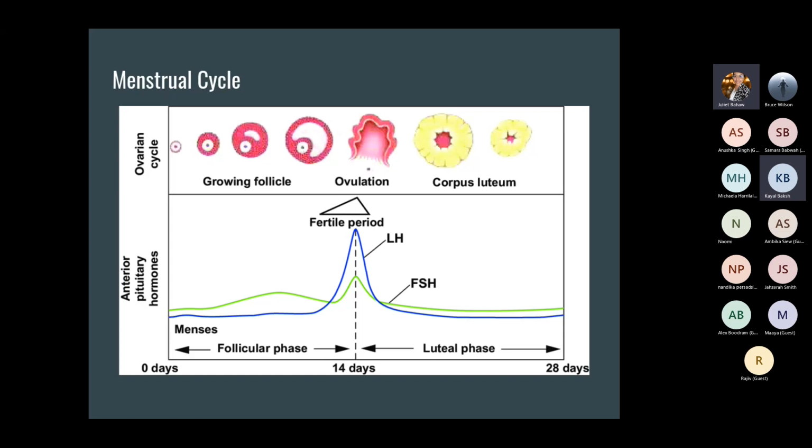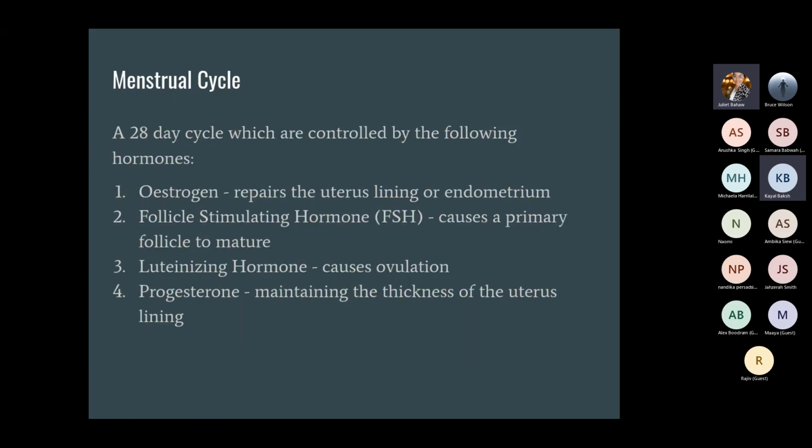Now the menstrual cycle, I cannot break it down in the slide here. Once a female reaches, let's say, age 12, when she starts puberty, usually around age 12, sometimes 13, the menstrual cycle begins. This is a 28-day cycle.